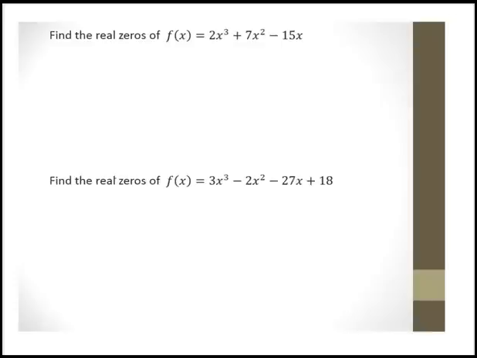Well, what we want to do is solve 2x cubed plus 7x squared minus 15x equals 0. So I'm going to use some factoring. That's x times 2x squared plus 7x minus 15 equals 0. Now I've got to try to factor that remaining trinomial.